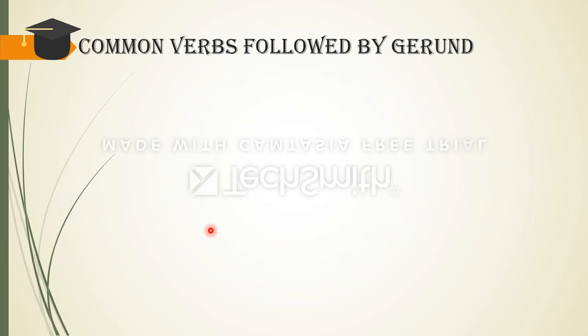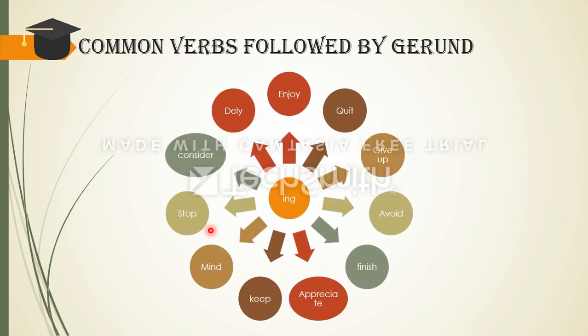Now let's speak about some common verbs followed by gerund. Here there are a number of verbs that we follow by a gerund: enjoy, quit, give up, avoid, finish, appreciate, keep, mind, stop, consider, delay. For example, as you can see in the example we have seen, we say I enjoy learning new languages.